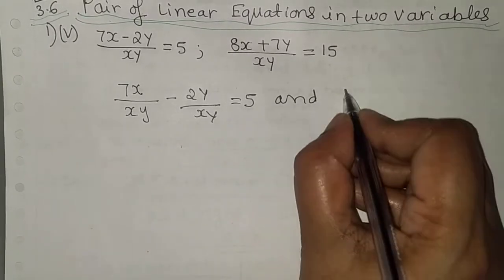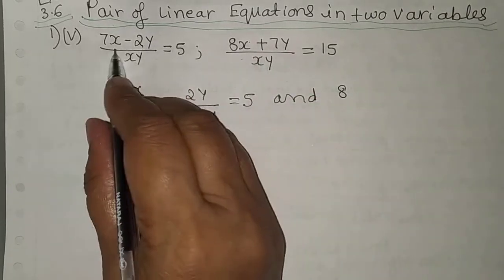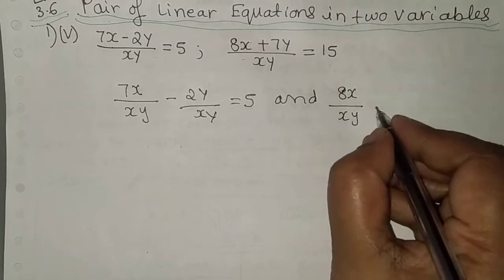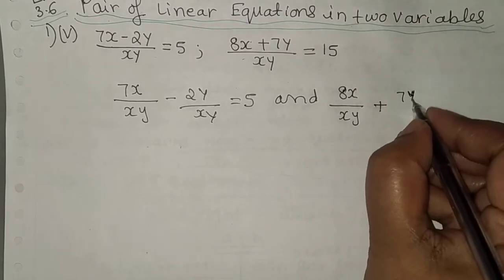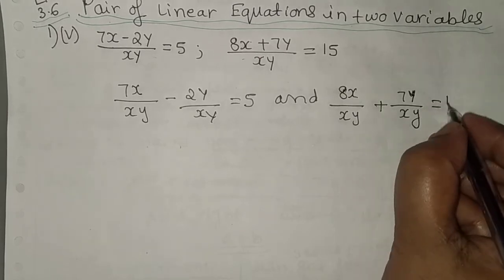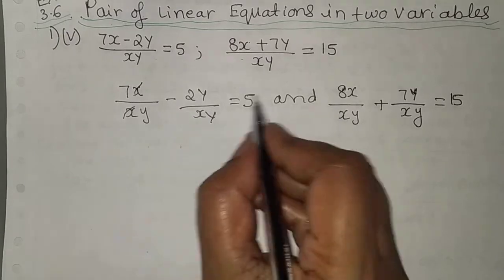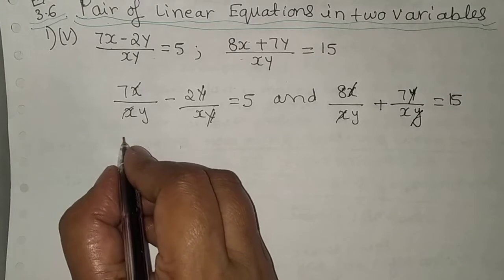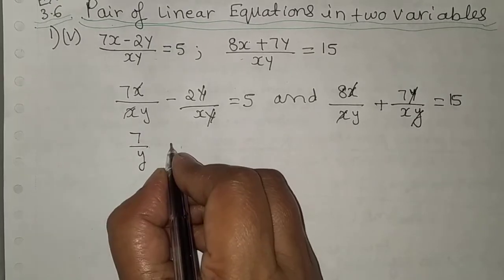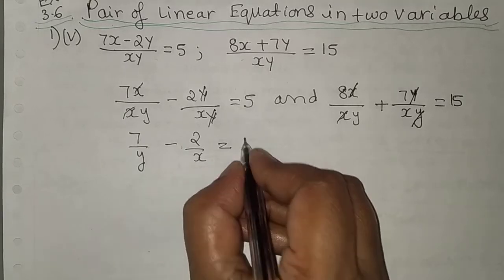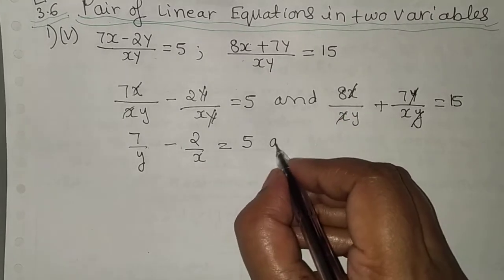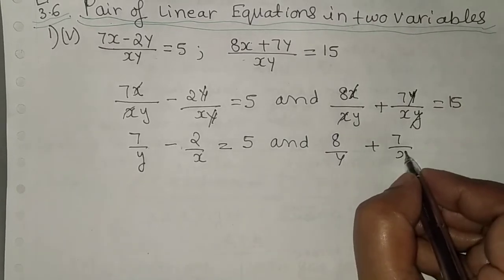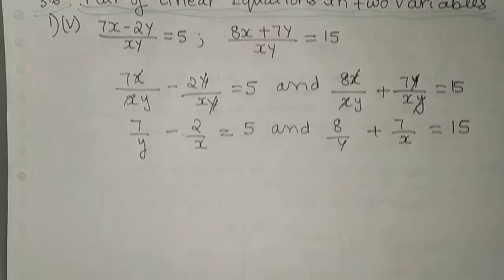And here also, just substitute this denominator with both the numerators. So we have 8x by xy plus 7y by xy is equal to 15. So now x cancels, y cancels here, x cancels, y cancels. The remaining part we have to write down, that is 7 by y minus 2 by x, and 8 by y plus 7 by x we are getting. This is equal to 15. This is the above equation.